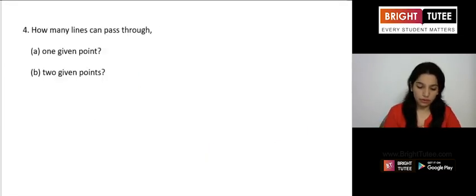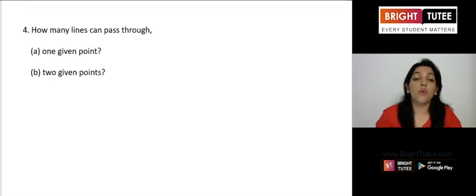Okay, moving to the next one, the fourth question that we have. In this question, it is saying how many lines can pass through one given point. I hope you remember we did discuss about this.